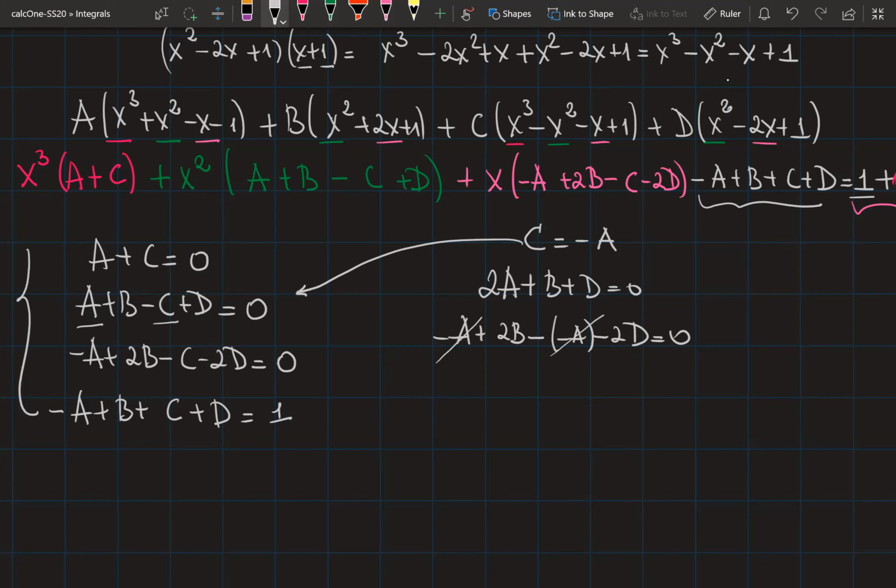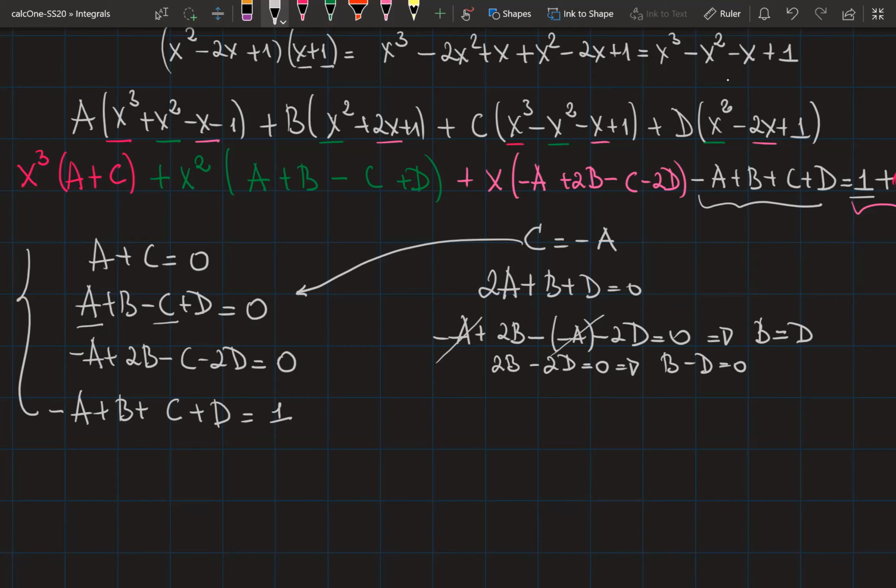So this equation is really important because it tells us that 2b minus 2d is equal to 0, right? Only in this case, 2b minus 2d is equal to 0. It means that b minus d is equal to 0, so b is equal to d.